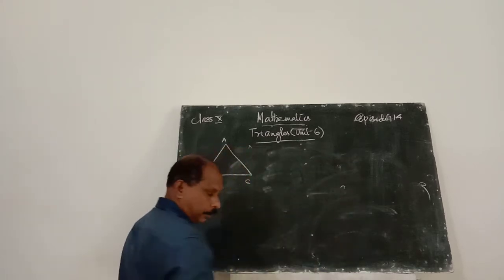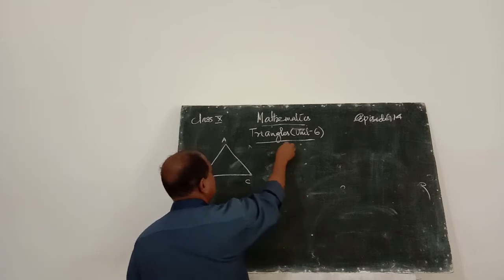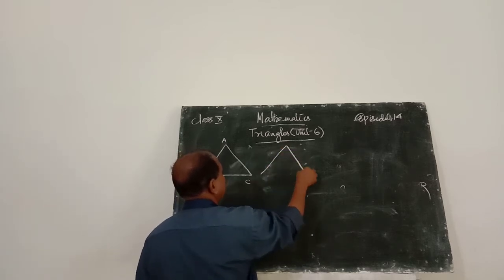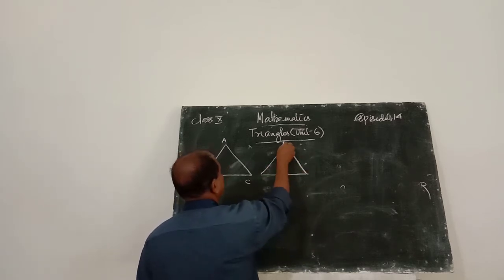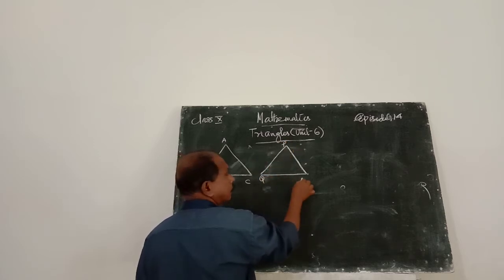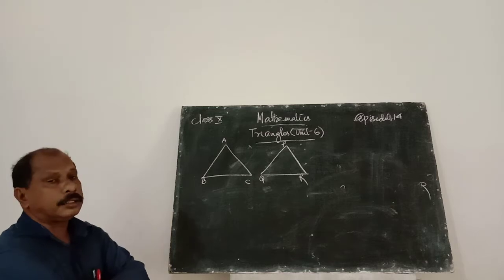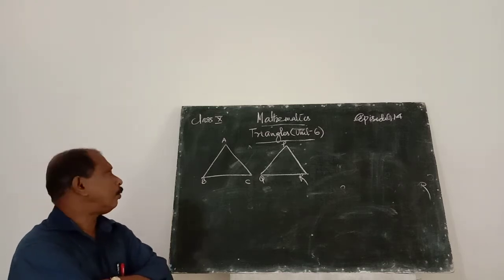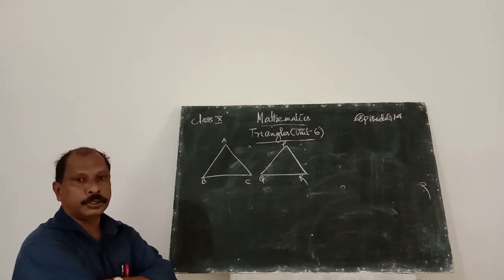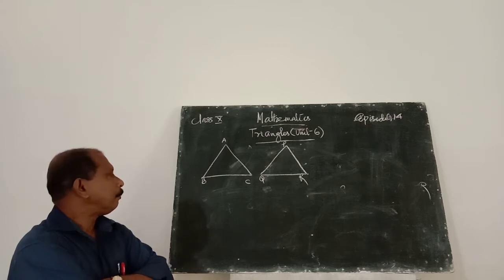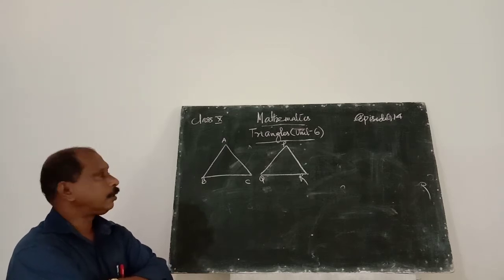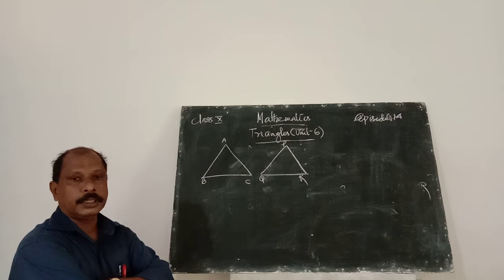Then in the ninth class we considered the congruency of triangles. Congruency means sides are equal and also the angles are equal. So in triangle ABC and triangle PQR, AB is equal to PQ, BC is equal to QR, and AC is equal to PR.